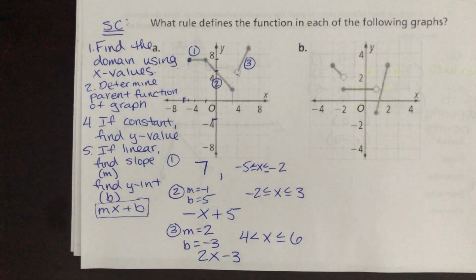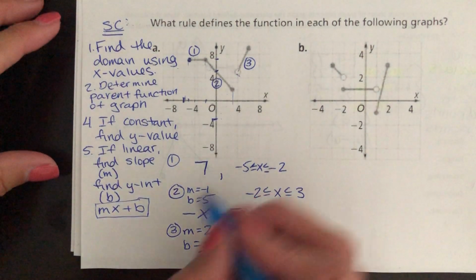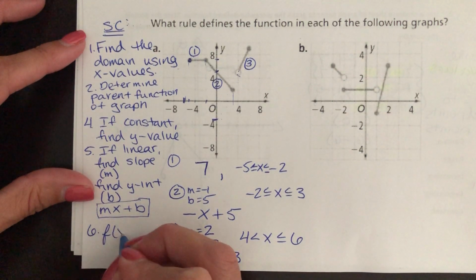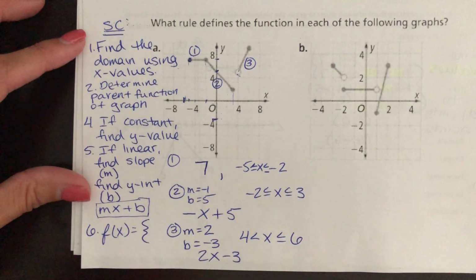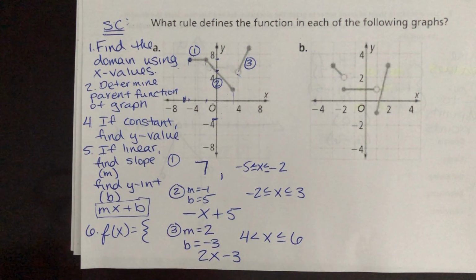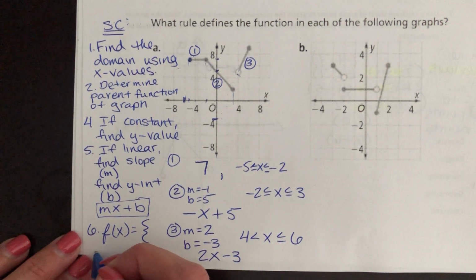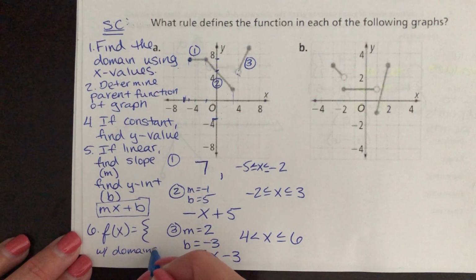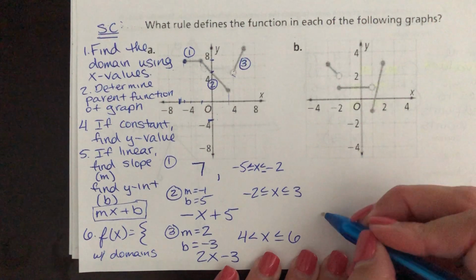Okay, and then I can put it all together. So after I have all this figured out, I'm going to write it as f of x equals, with a fancy bracket, and then I'll put it all in there with the domains. Okay, so it looks like this.